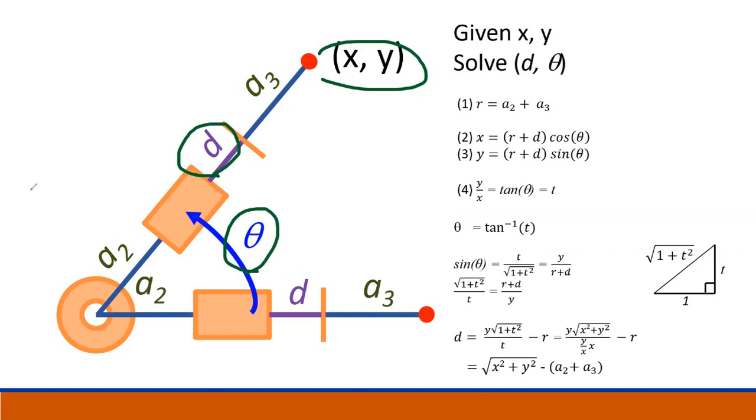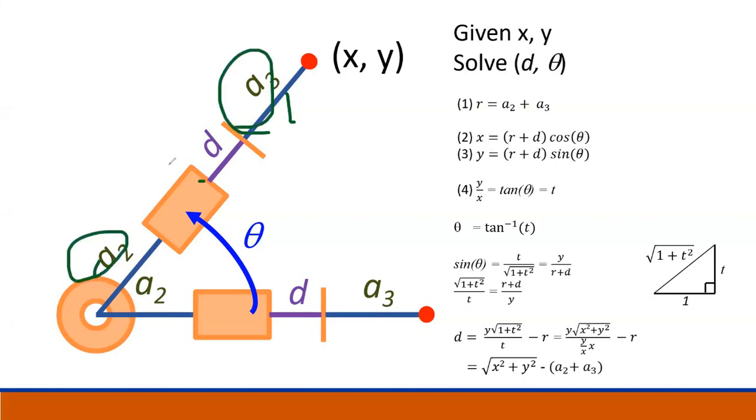So based on the x, y we have, we can determine the total length from here to here should be A2 plus A3 plus D, the displacement D. And we have the equation S equals R plus D. So this one and this one is R plus D.